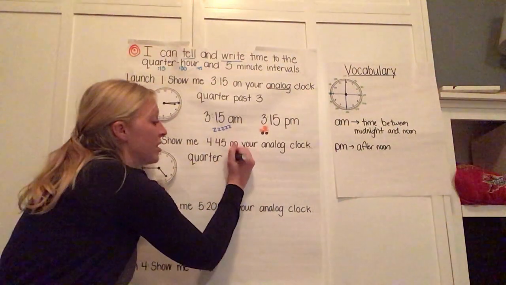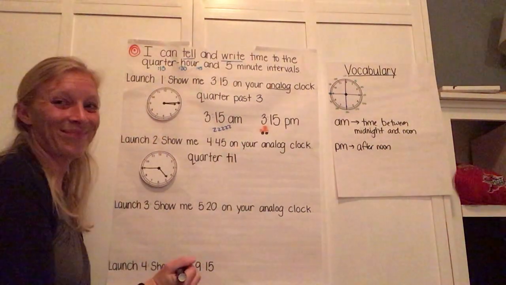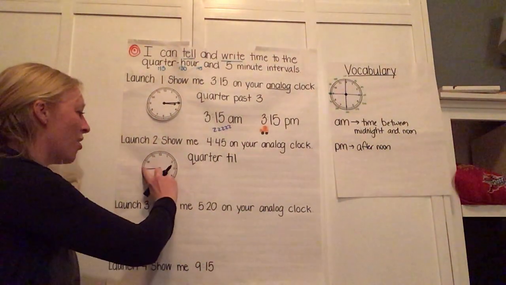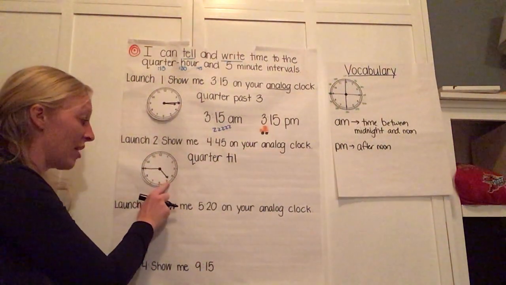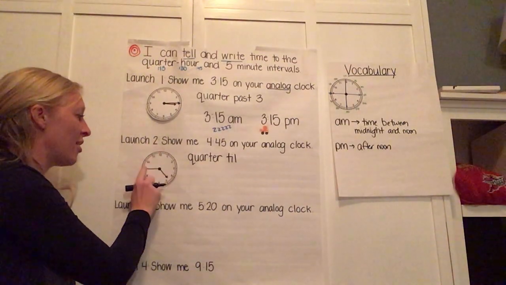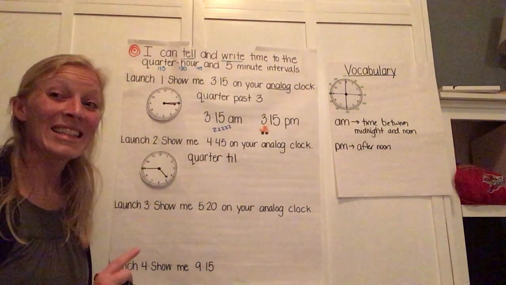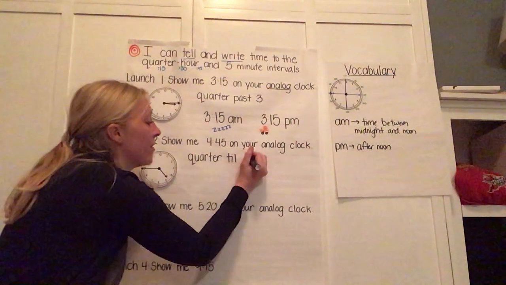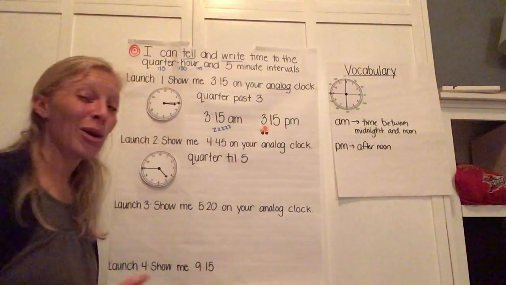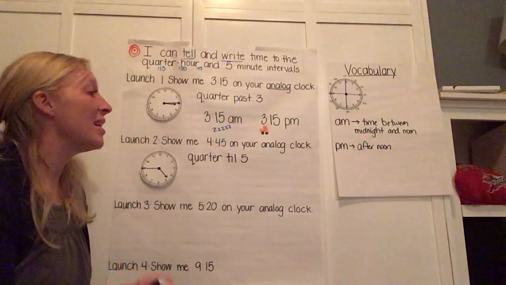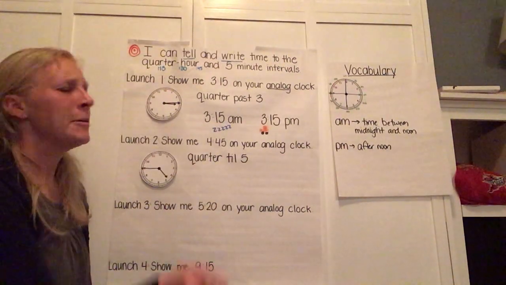What is it 1/4 till? It's almost 5 o'clock. You can see that right here. It's 1/4 till 5. That means it's closer to 5 o'clock than it is to 4 o'clock.